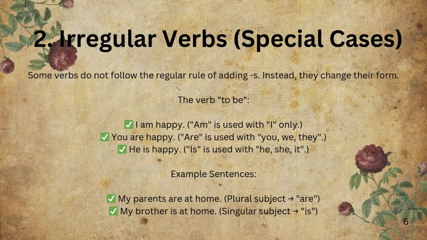Good job. My mother wants a cat. And the fifth one, my cousins want a cat. Sure, my cousins want a cat because my cousins are plural. So we don't add S to want.